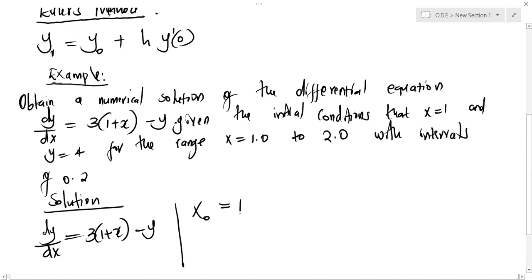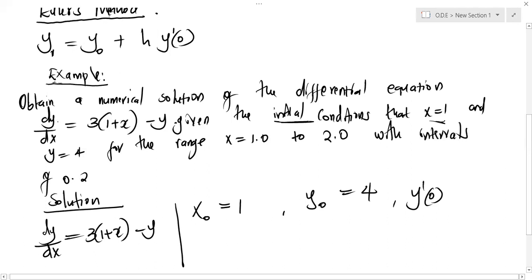Our x naught is equal to 1 as given here, the initial condition. And y naught being what? y naught is equal to 4. And y prime, so what's going to be our y prime of 0? y prime is basically dy/dx. Are we together? And we've been given dy/dx here.